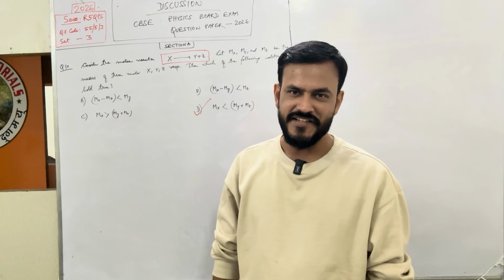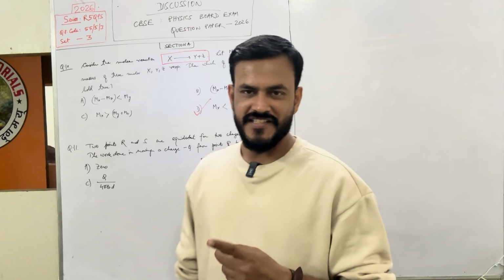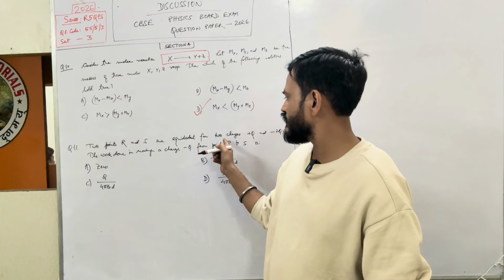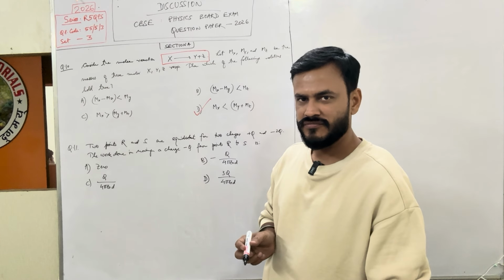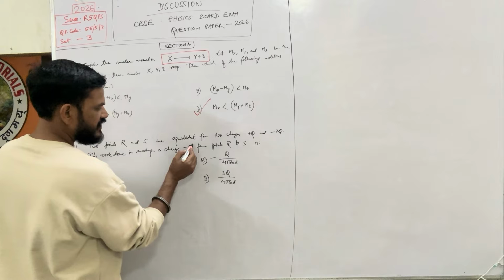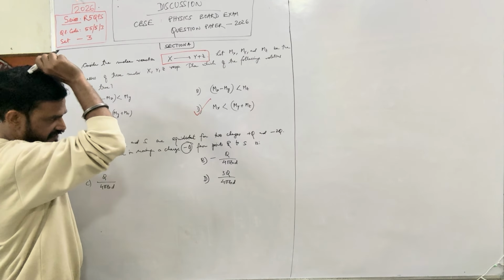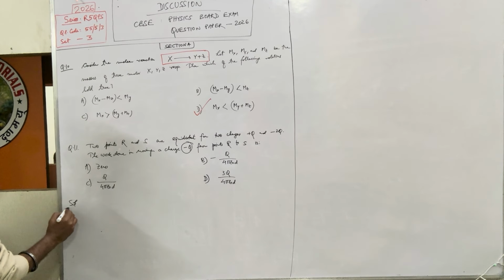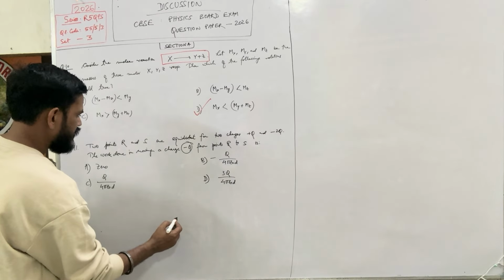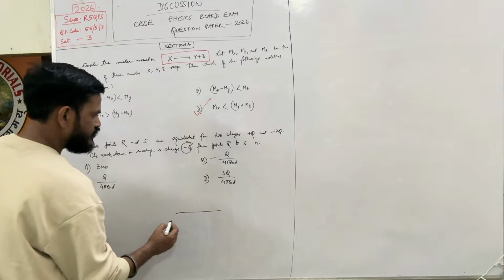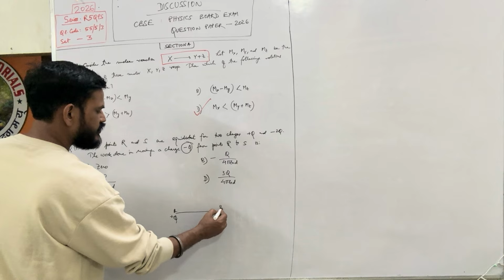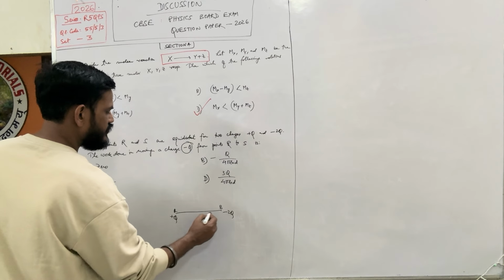So a pretty interesting question. This is another interesting question. It says 2 points R and S are equidistant from two charges plus Q and minus 2Q. The work done in moving another charge minus Q from point R to S is. So let us try to solve it. Visualize it. So you have a point charge plus Q. Let this point be A and this point be B. The other charge is minus 2Q.